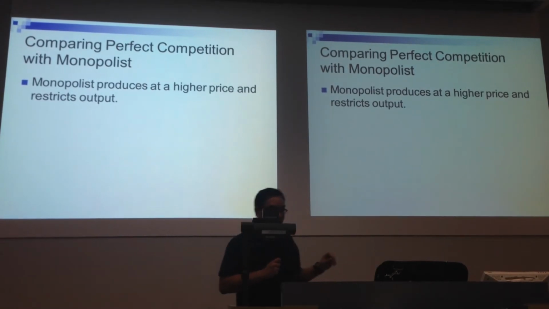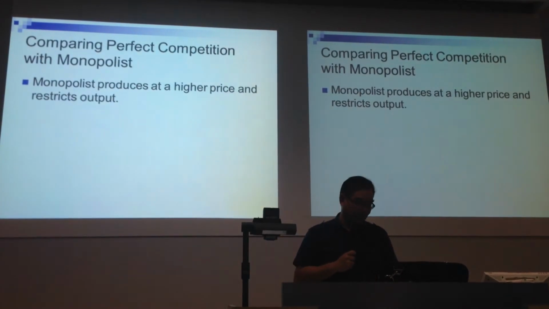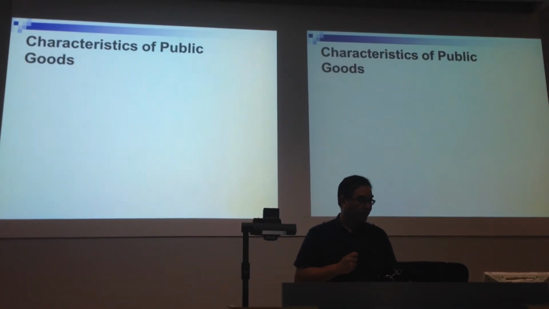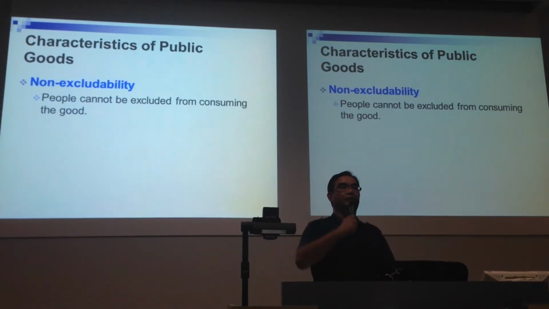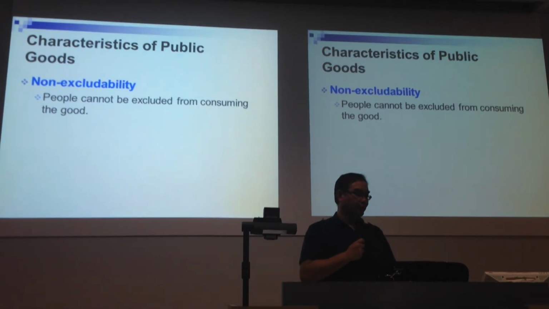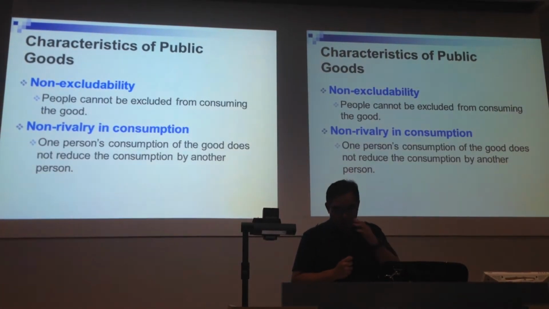The next topic that we're going to look at will be market failure, public goods, and externalities. So, public goods has got two characteristics. They are non-excludable and also non-rival in consumption.